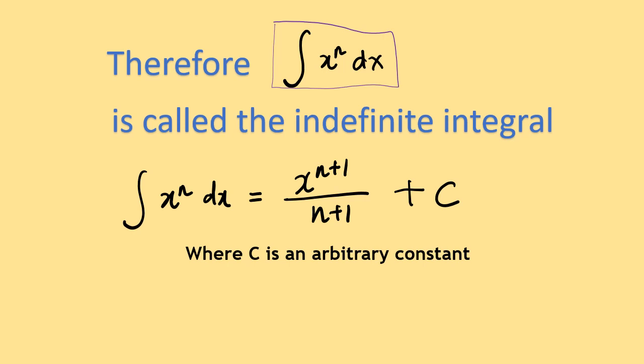You get it by taking the original power, which is n, and adding 1. That's how you get n plus 1. And then you divide it by the new power. And because this is the indefinite integral, you have to add c, as we explained in the previous slide, where c is an arbitrary constant. It's arbitrary because it's not a fixed constant, it varies.